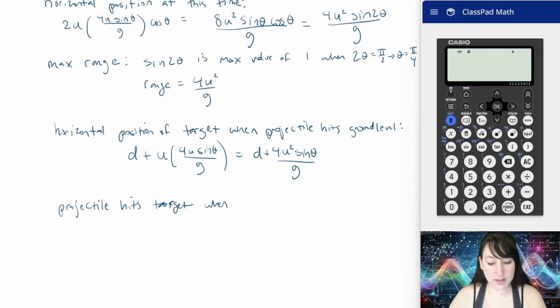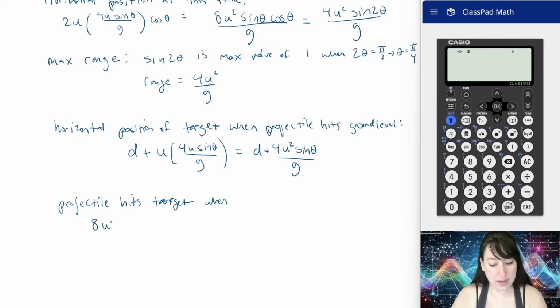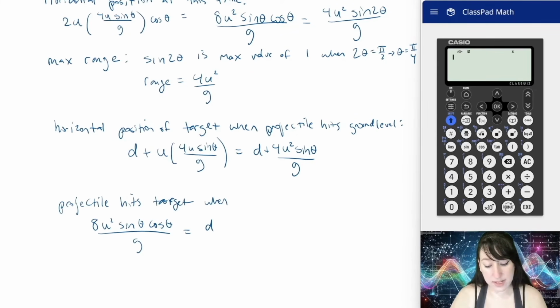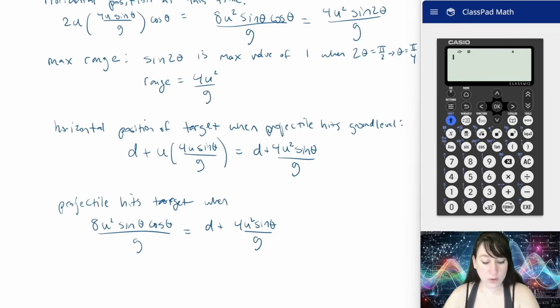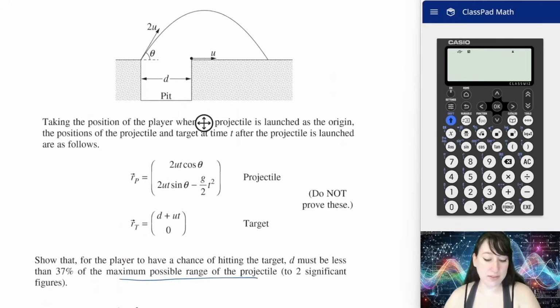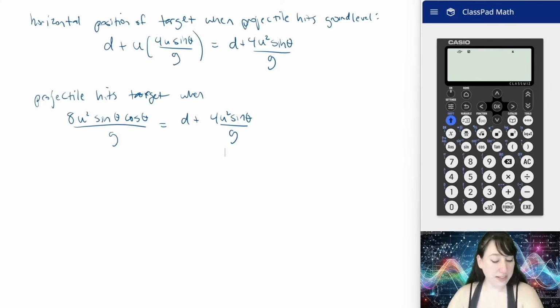So the projectile hits the target when 8u squared sine theta cosine theta over g equals the horizontal position of the target, which is d plus 4u squared sine theta. And of course, we need to find out what's the maximum range of d. Remember, d was the width of the pit. So this is a game designer making sure that the challenge is able to be completed in the first place. So let's solve for d.